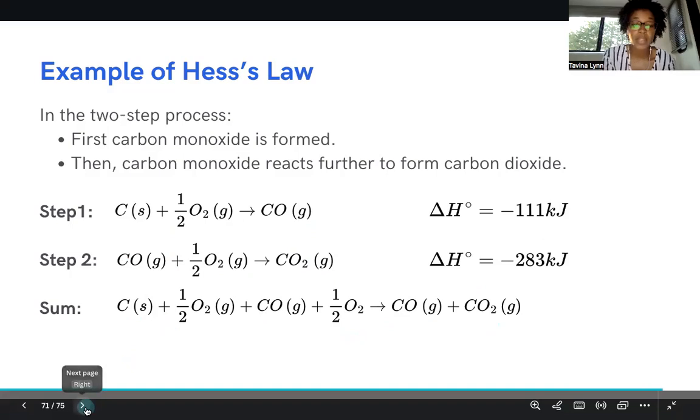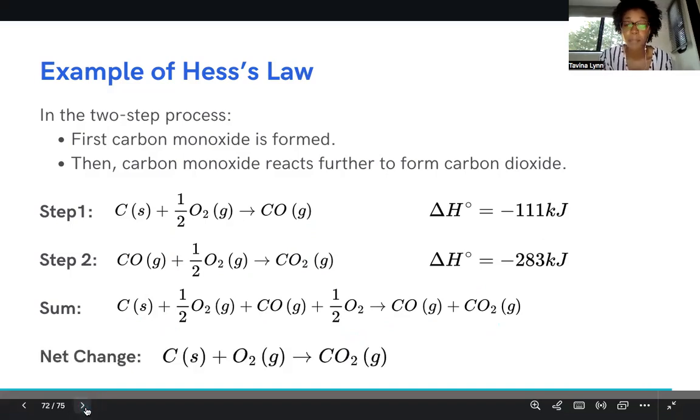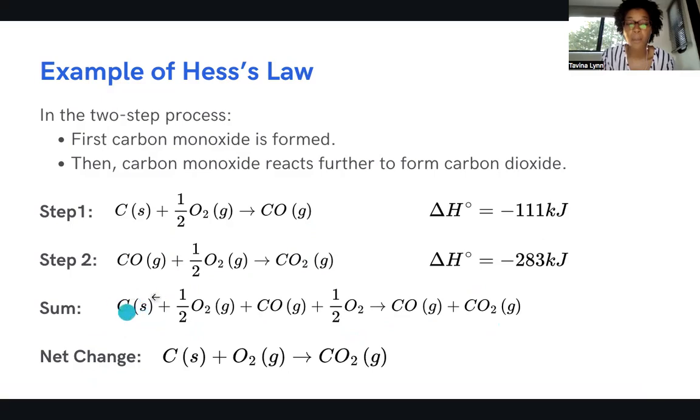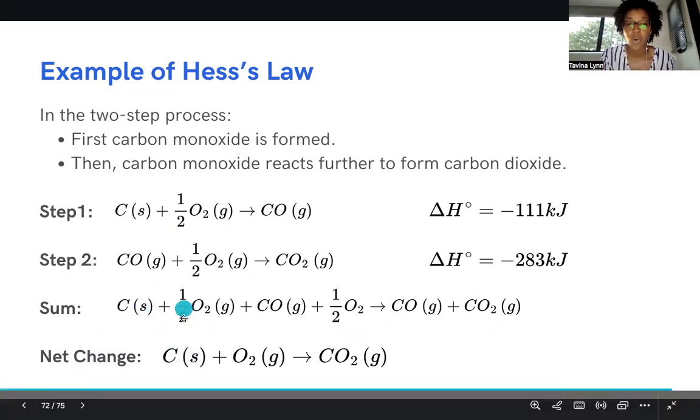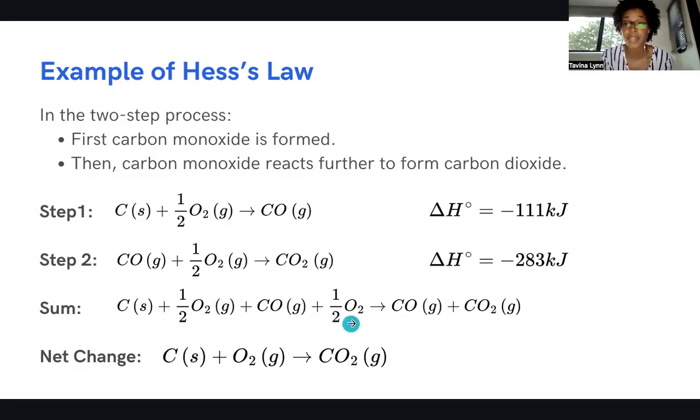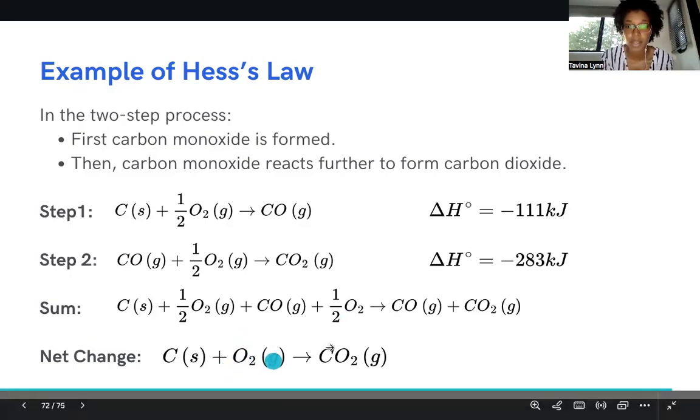And when we simplify that even further, what we'll see is we have 1 mole of graphite, and 1/2 of oxygen gas plus 1/2 of oxygen gas is equal to 1 mole of oxygen gas.